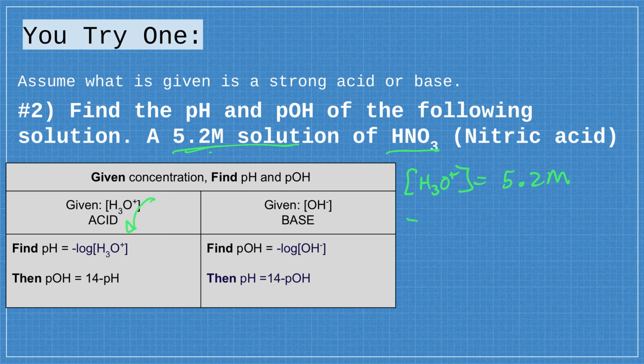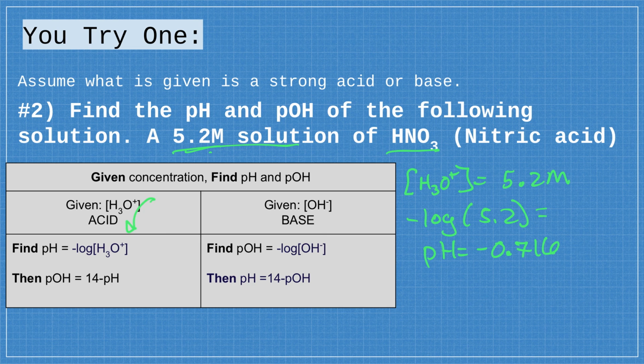Then we're going to do the negative log to get the pH, and I get negative log of 5.2, and I get the answer of my pH to be negative 0.716. Now here's what you're thinking: oh my god, I have a negative, I did something wrong. You can have a negative pH.